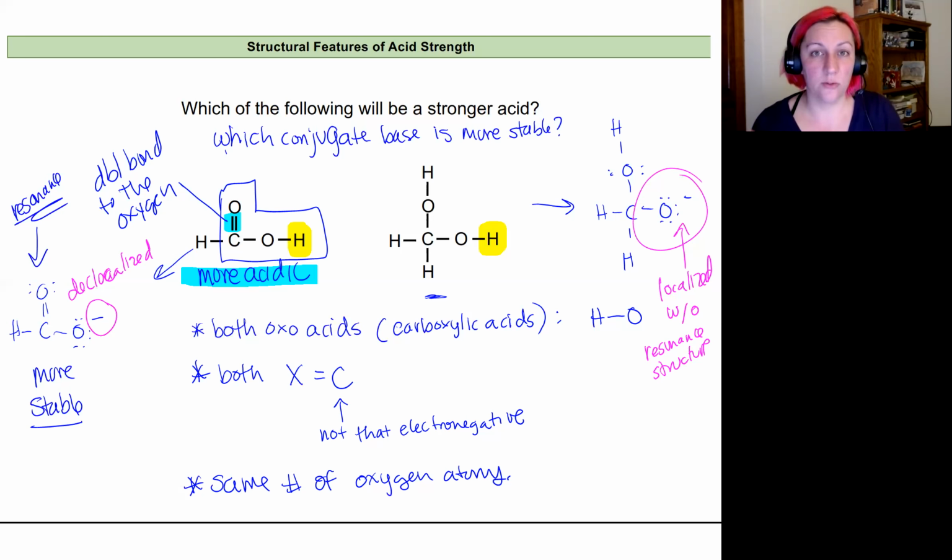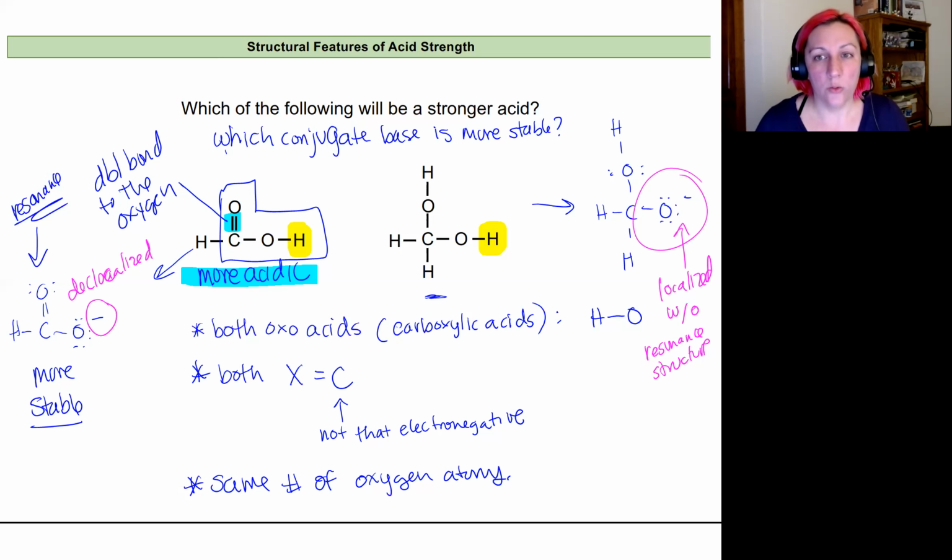Oxygens are pretty electronegative, so they can handle negative charge, but it's far more stable to delocalize that over another oxygen as well. And so that resonance stabilization stabilizes the conjugate base, which makes it much more favorable for that hydrogen-oxygen bond to break, which makes the formic acid much, much more acidic.